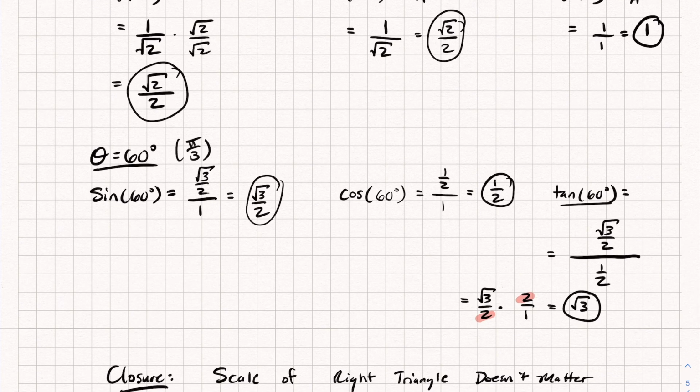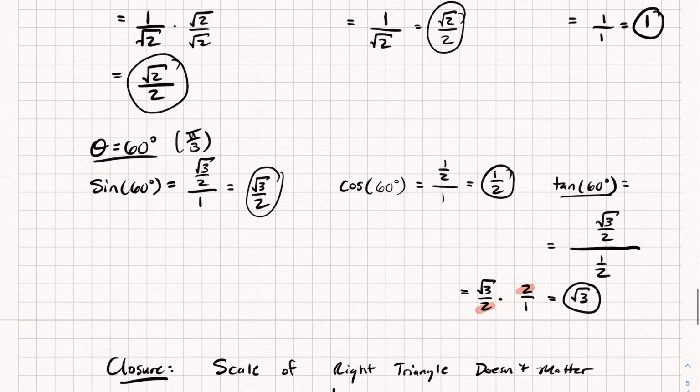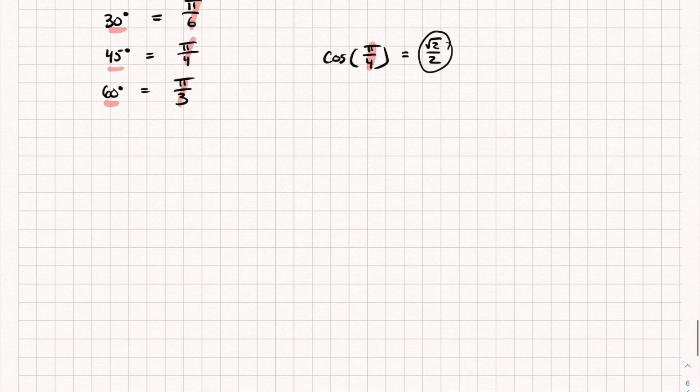The last thing that I want to point out is that sine, cosine, and tangent right now are limited to right triangles.